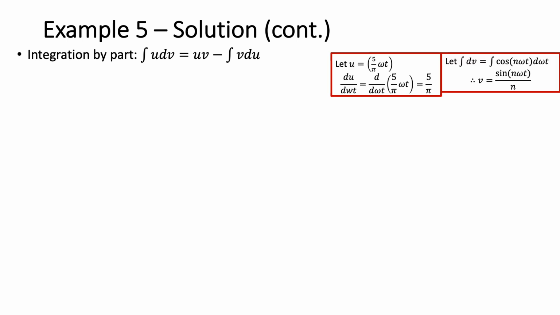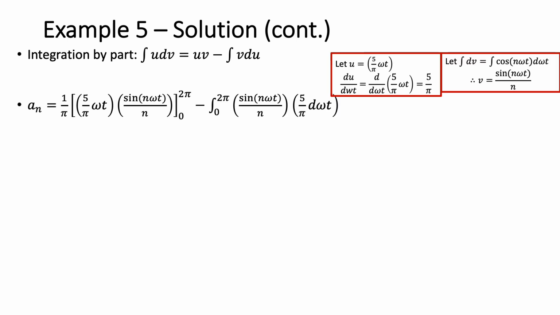Continue with the integration. We have An equals 1 over π times 5 over π ωt times sin nωt over n for 0 to 2π minus integral 0 to 2π sin nωt over n times 5 over π dωt.